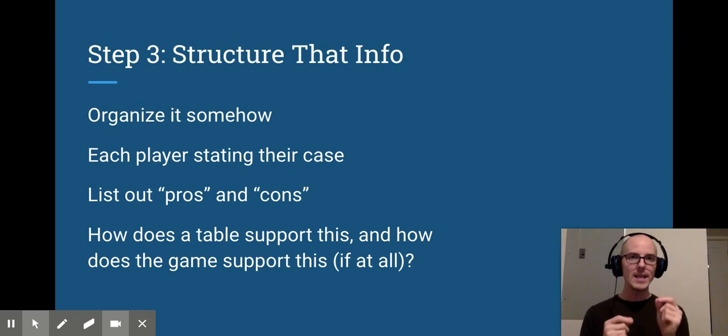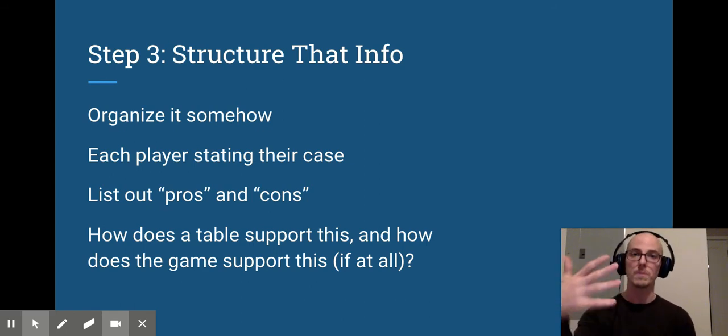But Shadowrun's thing is all about planning the run, right? You all are criminals. You want to do a job and you want to do it well. And there's a million different ways that you can approach a given job. And so a typical Shadowrun campaign could spend a session or two just in the planning phase, just figuring out what you all are going to do, structuring this information. That's what the system supports.